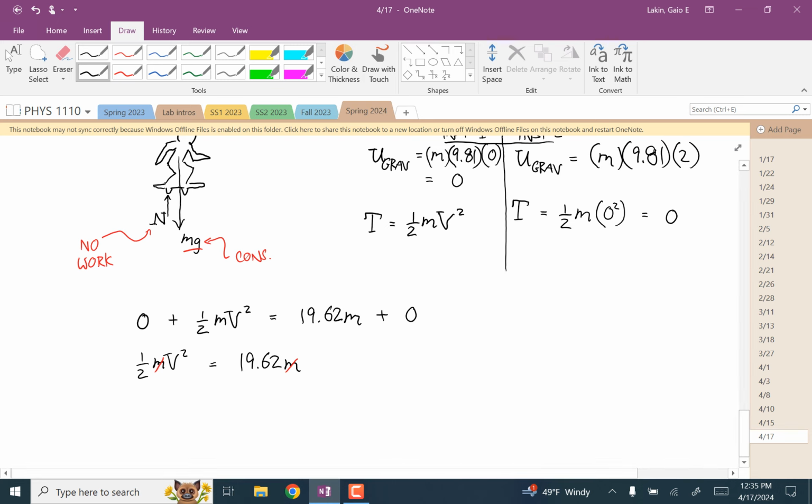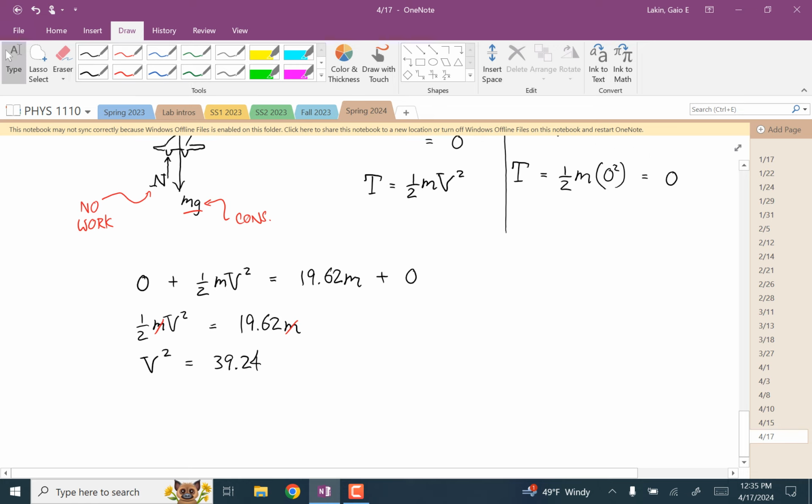Multiply both sides by 2. We get v squared is equal to 39.24. Take the square root of both sides. And in order to get to the top of that 2-meter hill, the person needs to have a speed of 6.26 meters per second.